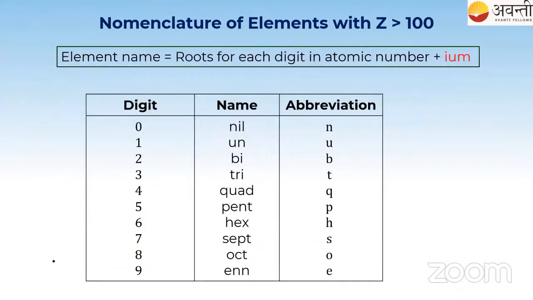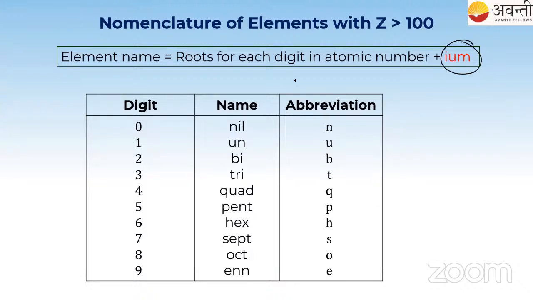Whatever the digits, names and abbreviations are, you just remember them and add -ium at the end. See very clearly.